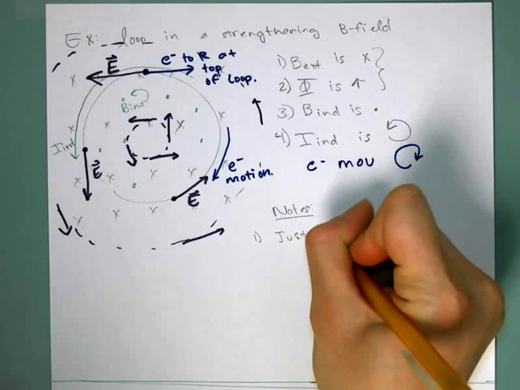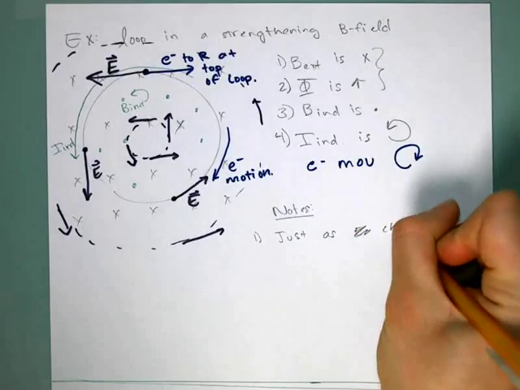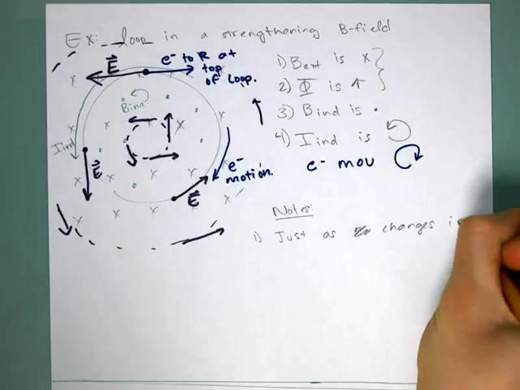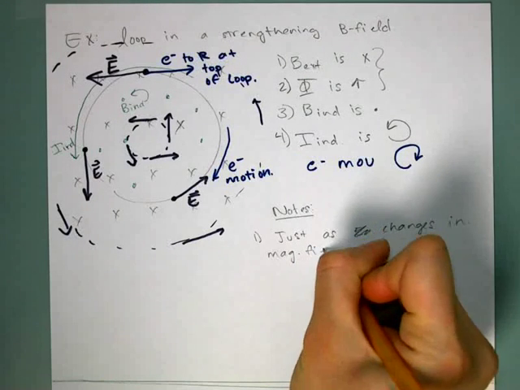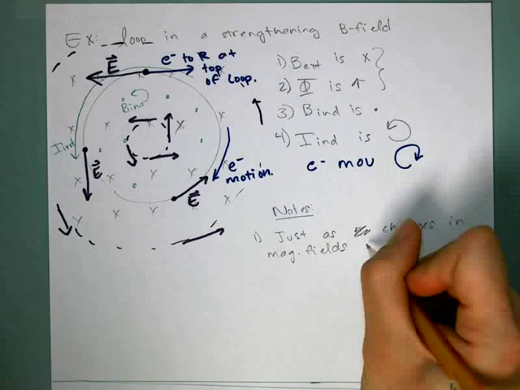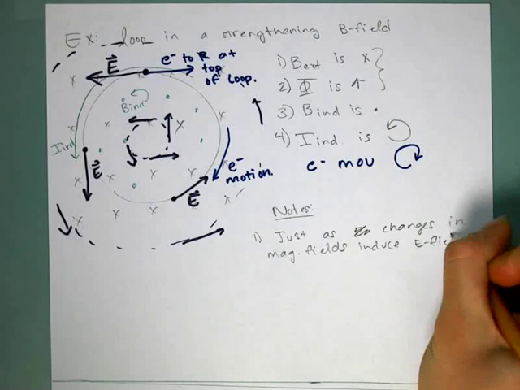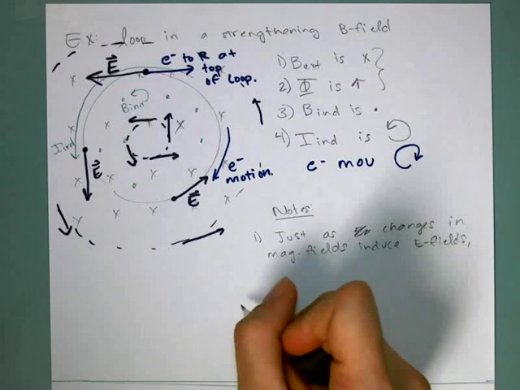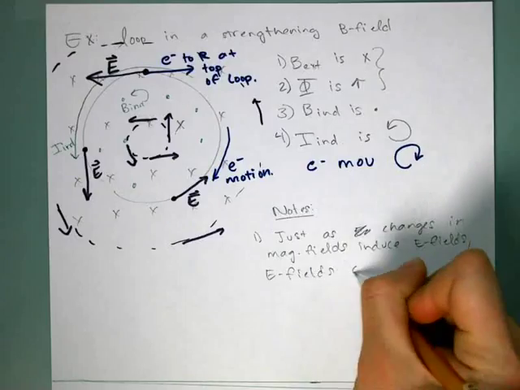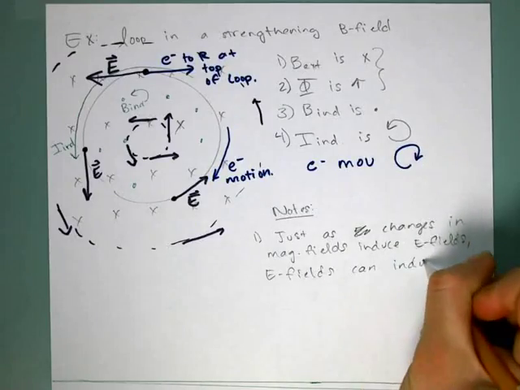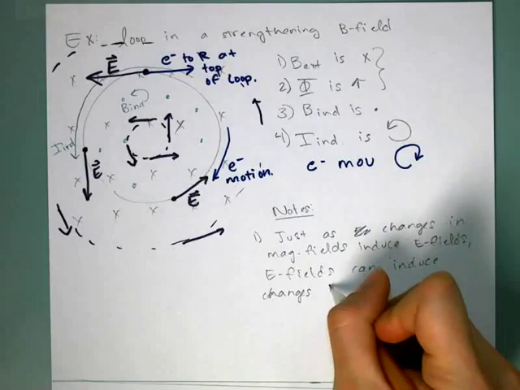So just as changes in magnetic fields induce electric fields, electric fields can induce changes in magnetic fields.